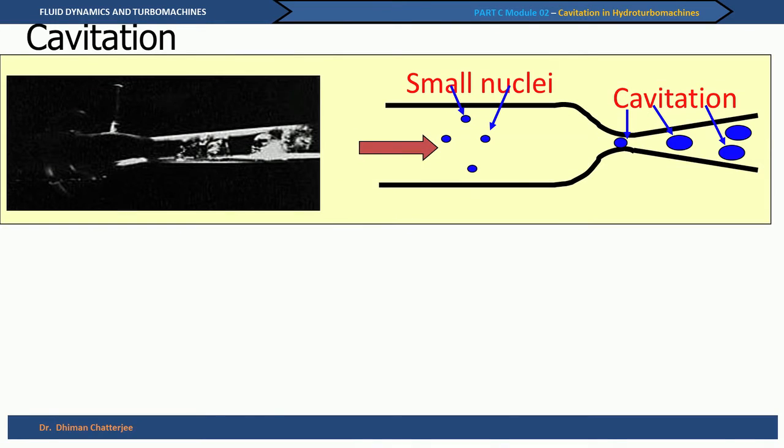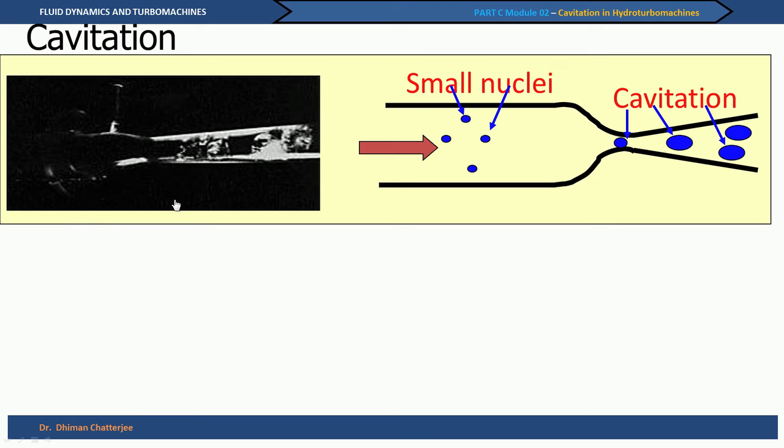So, whenever the reduction in pressure is brought about by the flow, we call it a hydrodynamic cavitation. There are other modes of production of cavitation in liquids, but we will not go into that in today's discussion. So, we are talking about cavitation. Let us have a schematic to understand this phenomenon better.